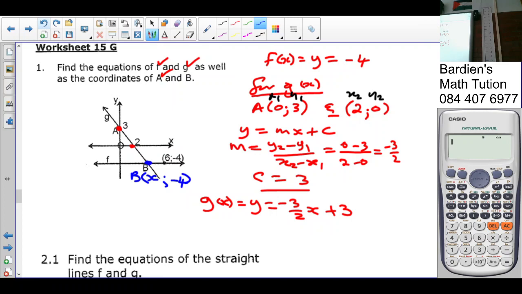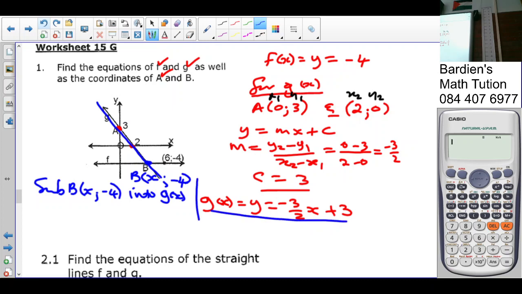So since this point is lying on the graph of g of x, can you see that? What I'm going to do is substitute B's y value, negative 4, into g of x. Remember, when I put the x in, I get the corresponding y out.